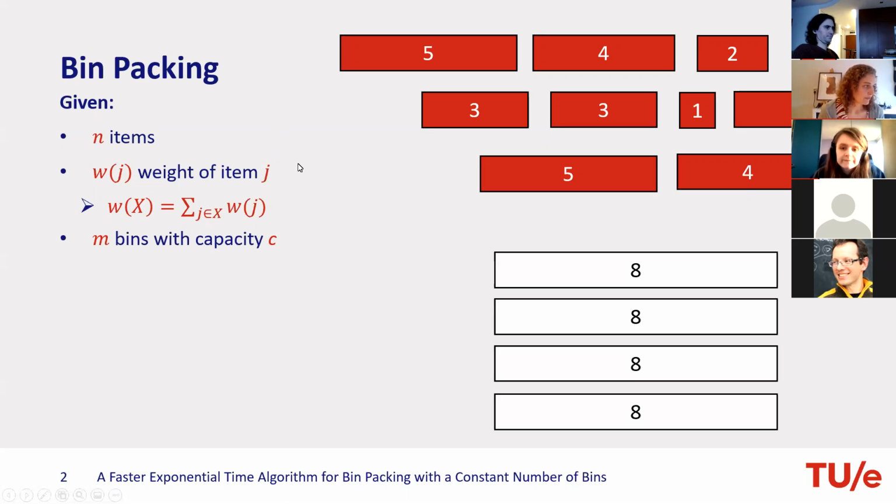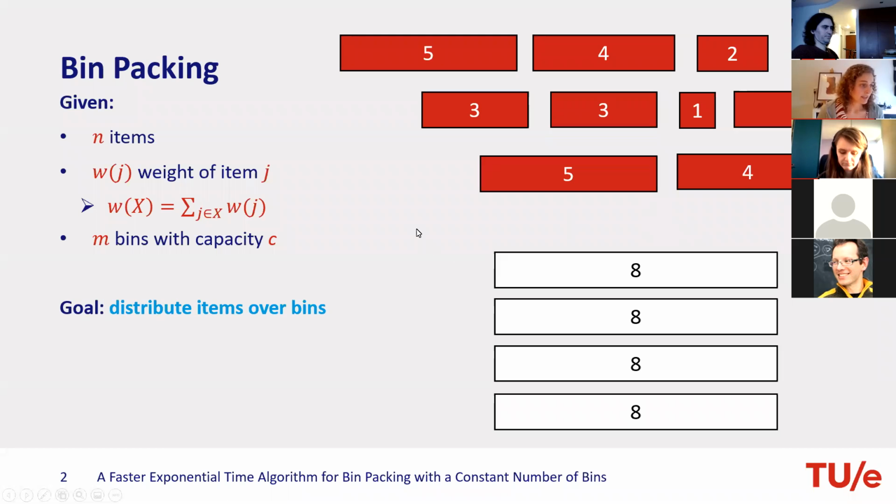We're also given m, the number of bins, each with a capacity C. So in this example, we have 4 bins with a capacity of 8 each. And then the question is, can we distribute these items over the given bins without exceeding their capacity?